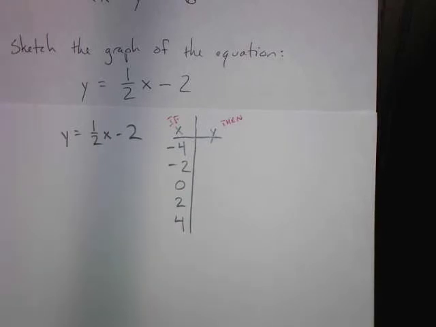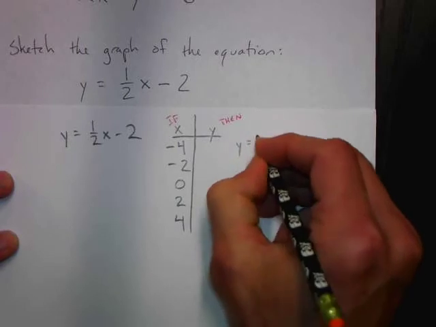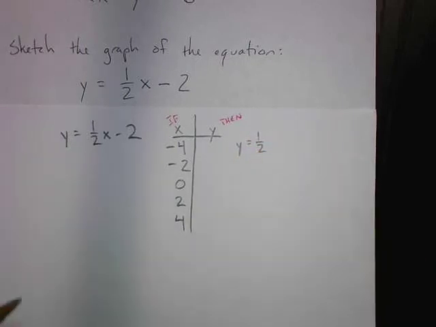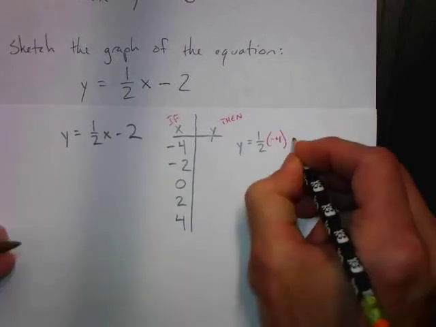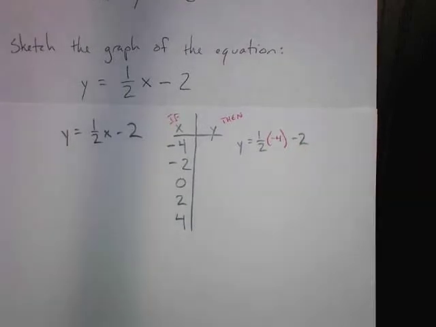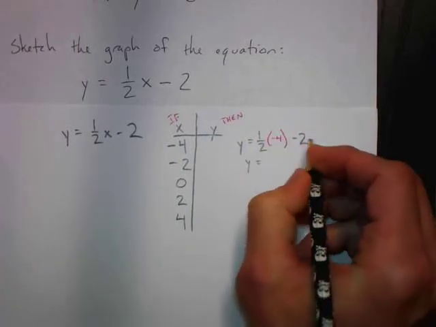And then we're going to do the same thing. We're going to crunch numbers to figure out what y would be. So we're going to rewrite our equation. y equals 1/2 x minus 2, and x in this case is going to be -4. So we substitute: if x is -4, what will we get for y? Now we have 1/2 times -4.